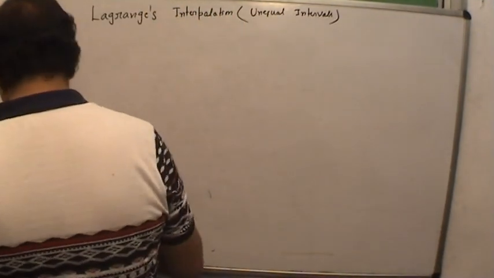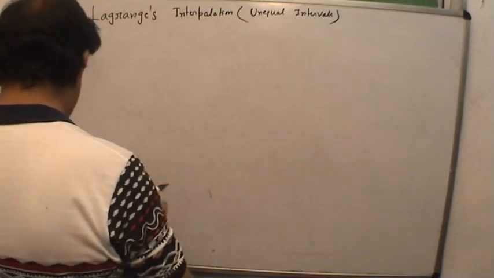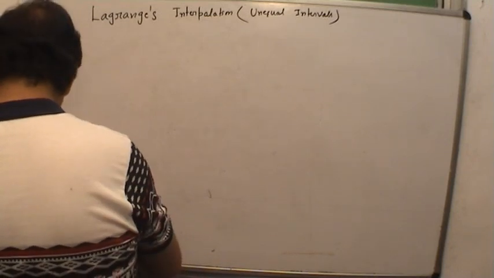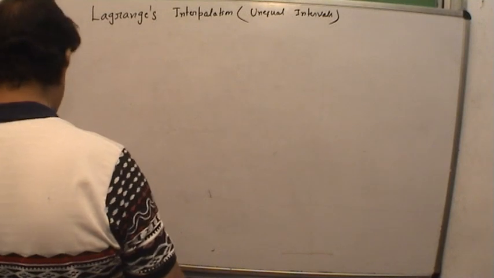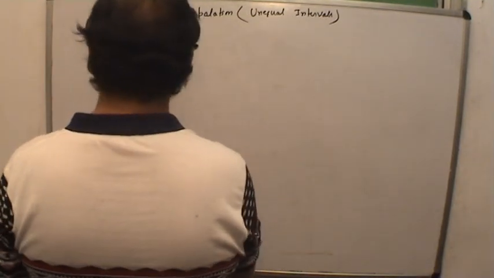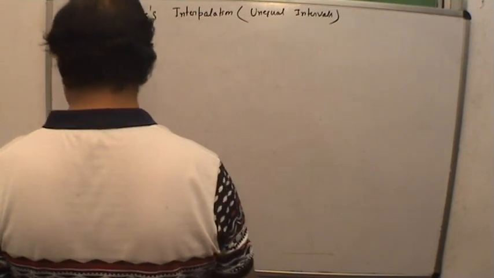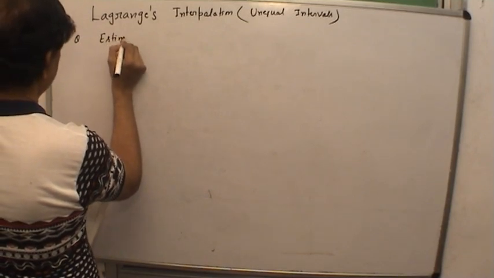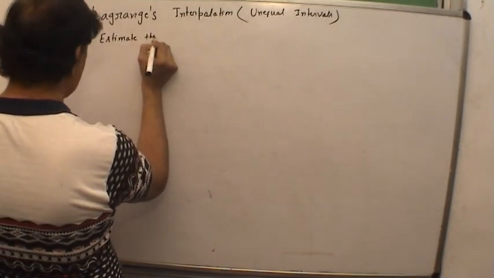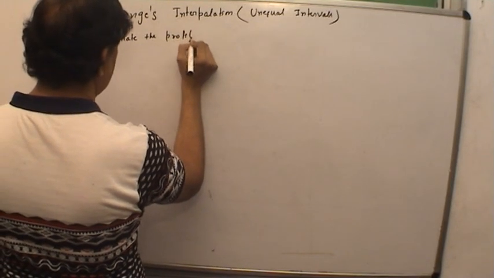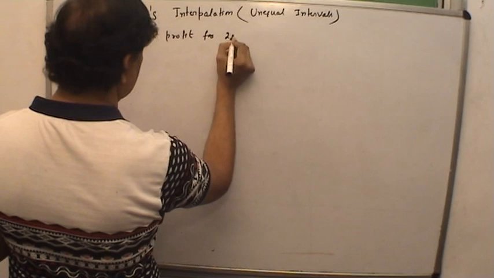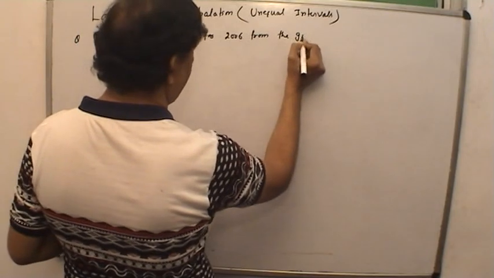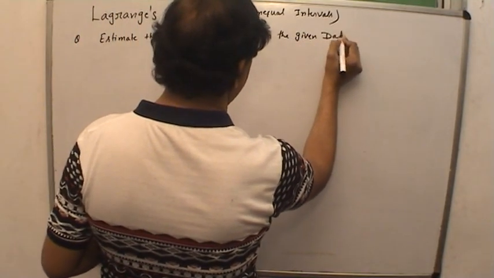Let us see a simple and straightforward example by using Lagrange's interpolation. We see the problem: estimate the profit for 2006 from the provided data.